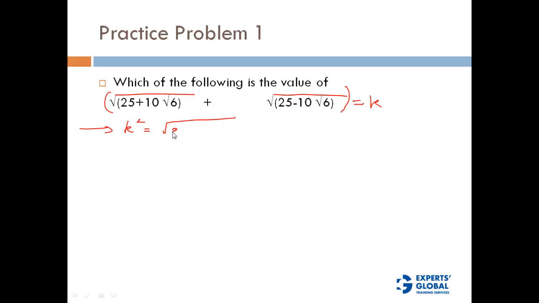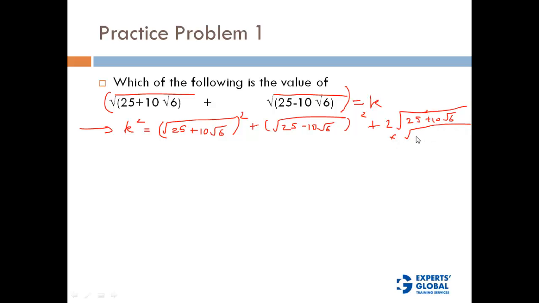A square, 25 plus 10 root 6, plus b square, 25 minus 10 root 6, plus 2ab, plus 2 times under root 25 plus 10 root 6 into under root 25 minus 10 root 6, right?